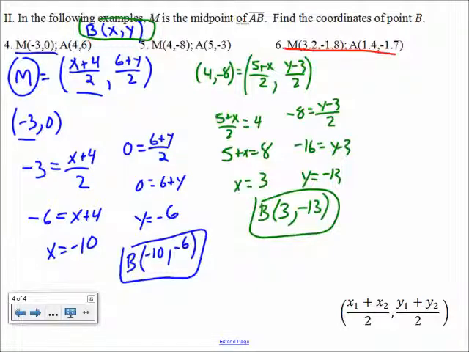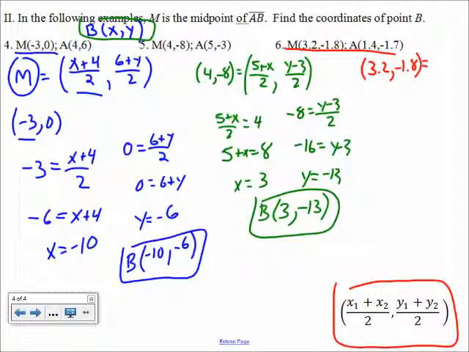again applying that midpoint formula, only slightly trickier because I have decimals, the midpoint is 3.2, -1.8. This should equal the average of the x values and the average of the y values, which in this case would be x plus 1.4 over 2 and y minus 1.7 over 2.